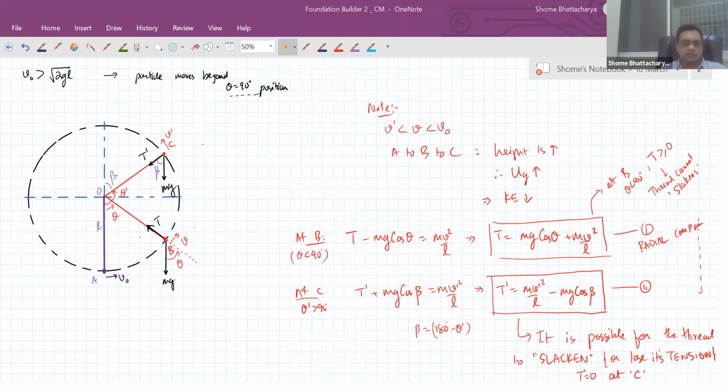That's correct, Aditya. What I mean is, in both equation 1 and 2 we are looking at the radial component of force. So both of these equations, we are looking at the radial component.